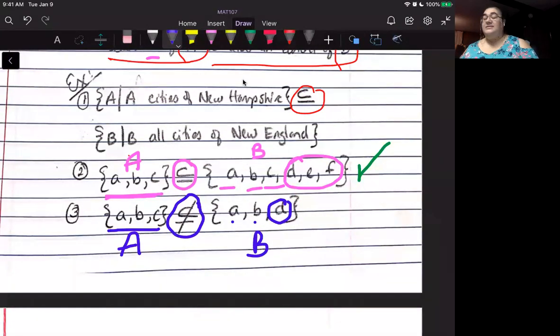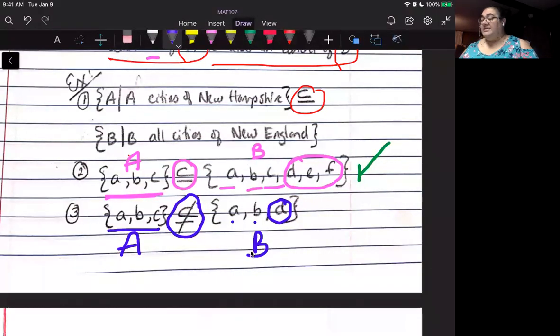Instead, it has d. And since all the elements of A are not to be found within B, you cannot say that A is a subset of B. We can say that they have one-to-one correspondence, so we could say that they are equivalent sets, but we cannot say that A is a subset of B.